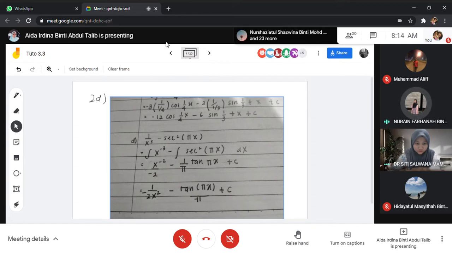Lepas tu kita integrate macam biasa, so akan dapat x power negative 2 over negative 2 minus, kalau secant square ni kalau kita integrate dia akan jadi 1 over pi tangent tan pi x plus c. Lepas tu x tu negative 2, so kita letakkan dia dekat bahagian bawah, jadi 1 over negative 2 negative 1 over 2 x square minus tangent at pi x over pi plus c.